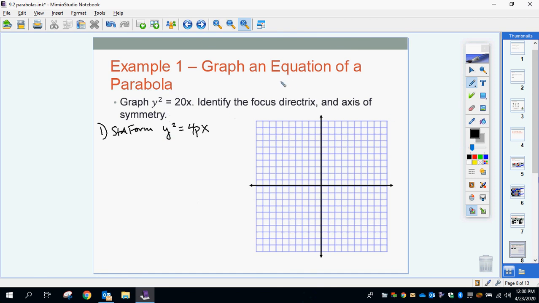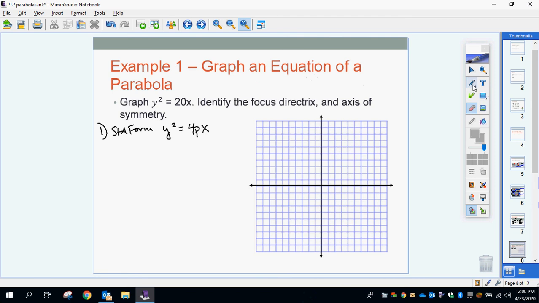If I were to give you the equation -1/8 y squared equals x, that's not in standard form because y squared isn't by itself. To get y squared by itself, you would have to multiply by -8, canceling that out, and you'd have to do it to the other side. So get it in standard form first.